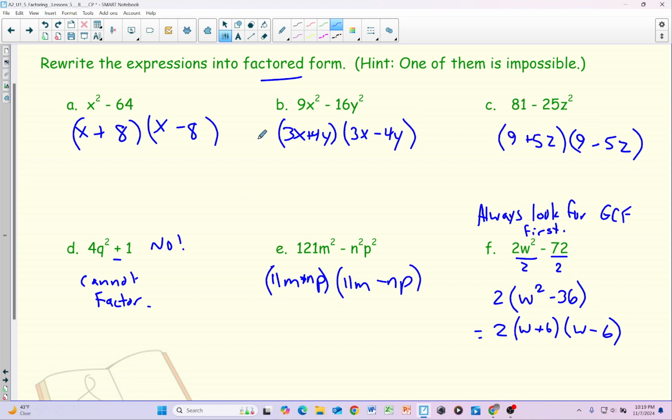So case in point, and actually while we're on this one, if you wanted to check your work and remultiply this back to this expression up here, my suggestion is to do it backwards from the way we factored it. So start by multiplying out the parentheses first. Once you get that answer, then multiply by 2.